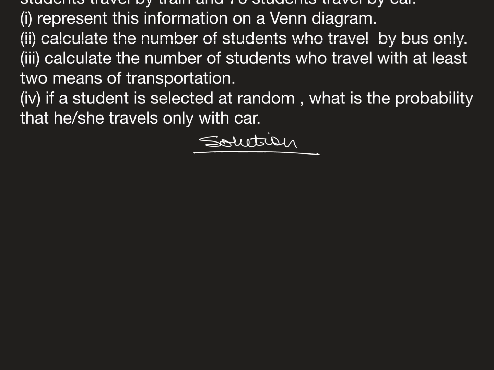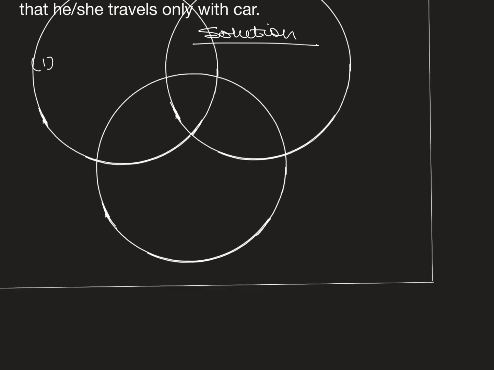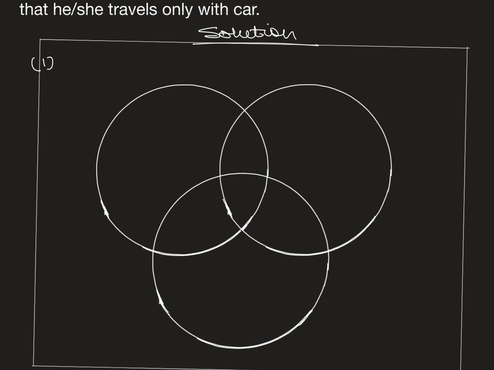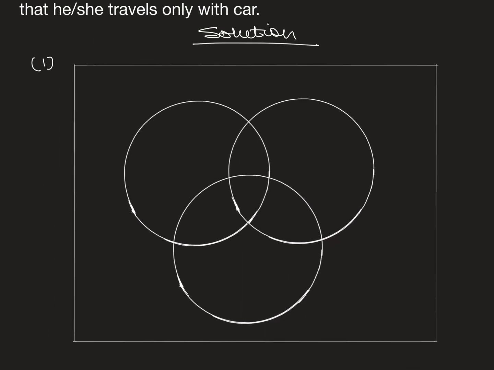For the first question, we are asked to draw a Venn diagram. So let's try to draw the Venn diagram. And this is how the Venn diagram is supposed to look like for a three-set problem. So we will analyze the problem bit by bit.